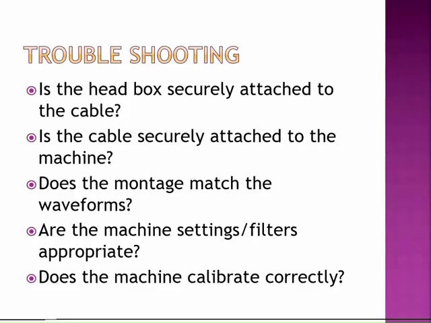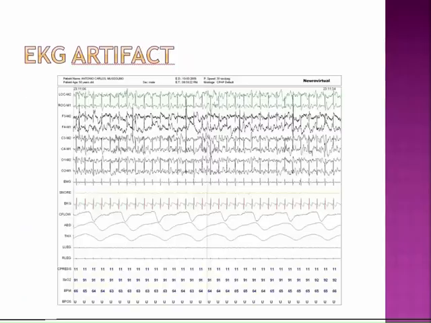You really need to start looking at your signals. A prime example of this would be EKG artifact. This setup here is very clean. All the channels are coming through very well, and so you can see that the impedances would in all likelihood be fantastic.